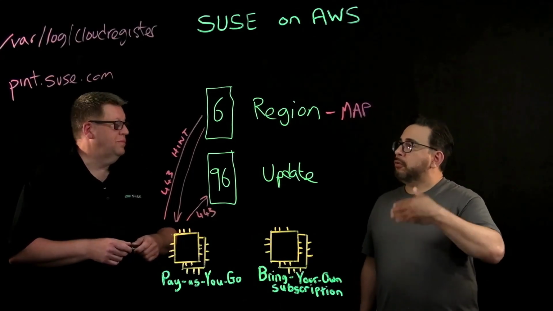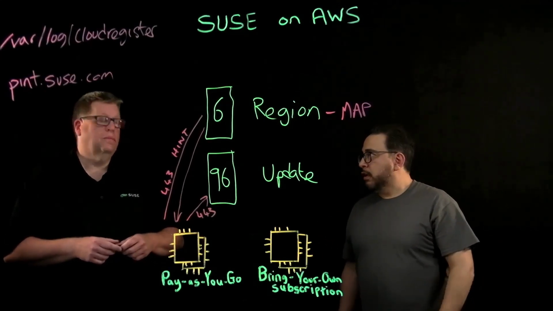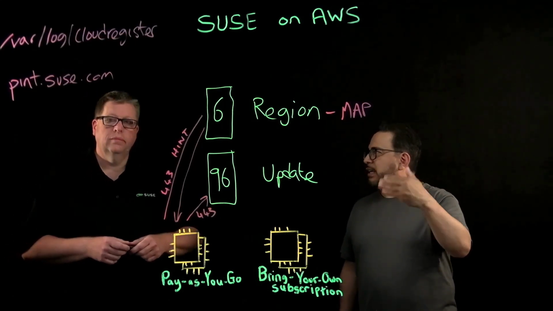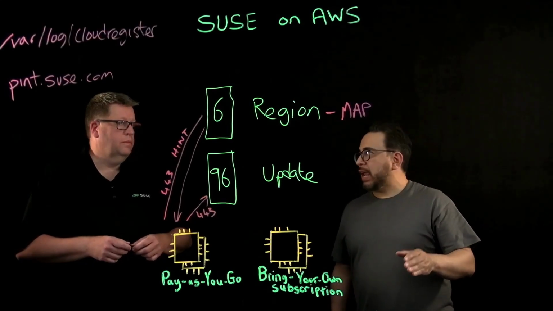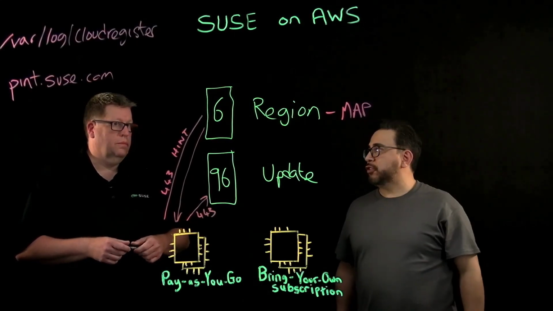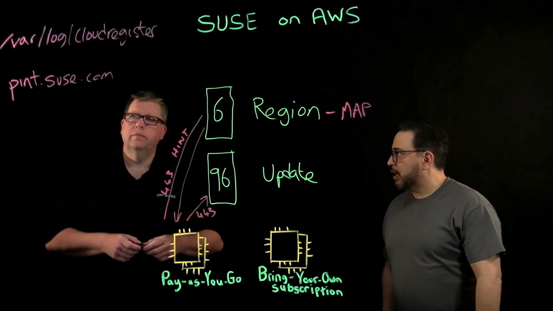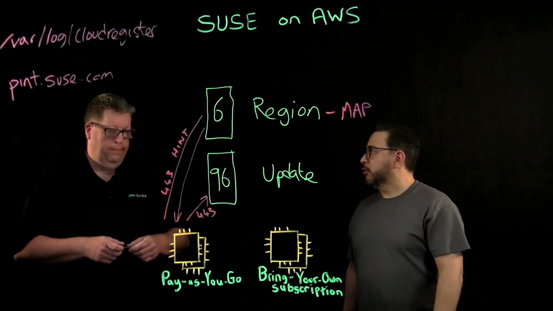But if you do encounter an issue, you can look at the /var/log/cloudregister log file, and you can review that and help identify what exactly is going on. And if you do want to add the region server and the update servers to your allow list, customers can go to pint.suse.com and see those IP addresses that are associated with each of those server types.